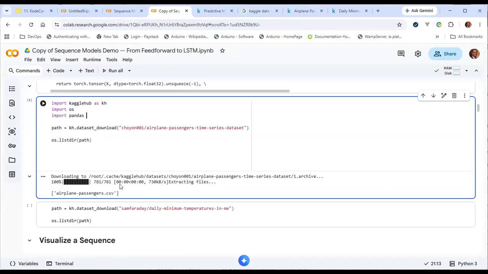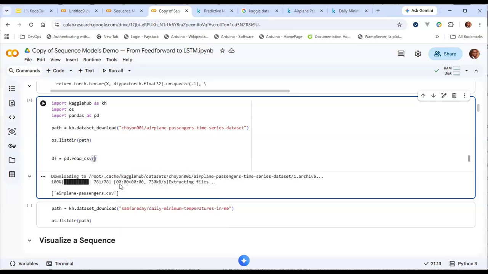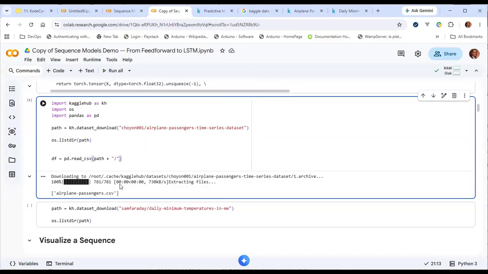Import pandas as pd, then df equals pd.read_csv, path plus slash whatever we had here, airplane passengers dot CSV, and that's the data frame.